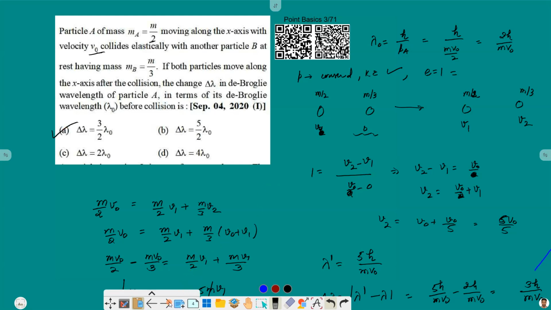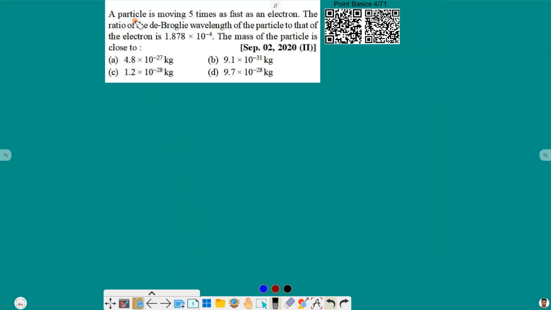Let us move to the next one. Question number 4. A particle is moving 5 times as fast as the electron. The ratio of de Broglie wavelength of the particle to the electron is given by this value, find the mass of the particle. So we know that de Broglie wavelength is h by p, where p is the momentum.